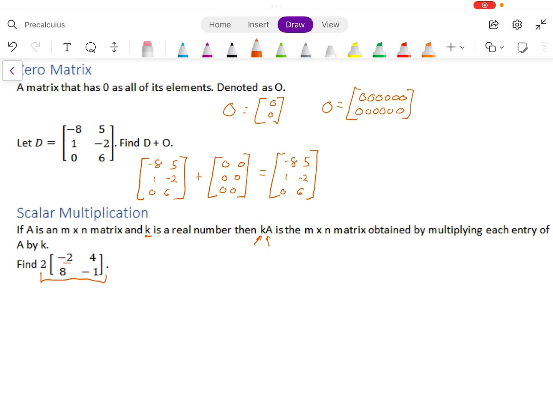So each element, all 4 elements in this case, needs to be multiplied by 2. And that's why it kind of looks like the distributive property. This 2 goes to each element. And so we get negative 4, 8, 16, and negative 2. So that's scalar multiplication. Pretty straightforward.